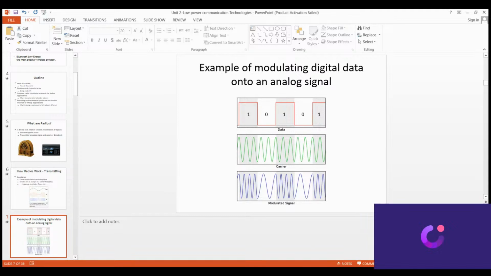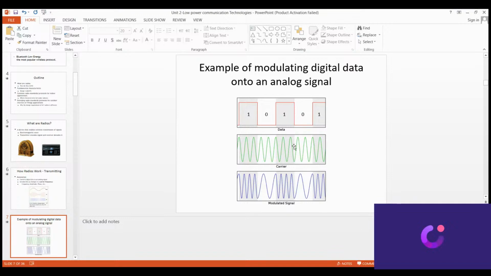So I'm showing an example of modulating digital data onto an analog signal. We have digital data represented using zeros and ones: one, then zero, one, zero, one, and so forth. This is the data.